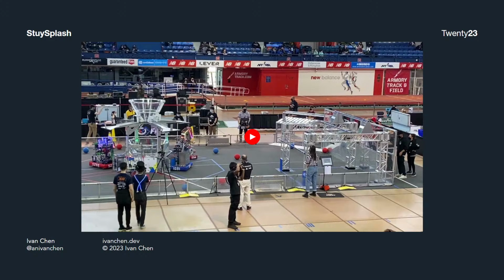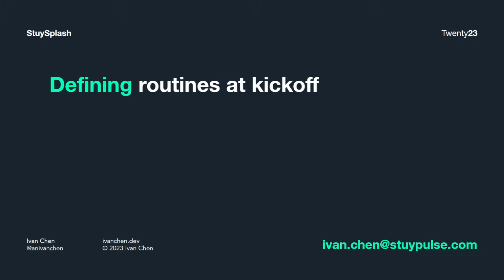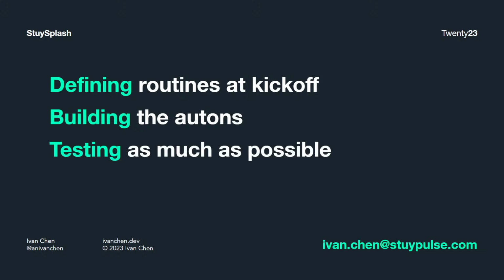But yeah, analyzing videos, and it was just fun having interactions with the people in the pit, and talking about the robot and how we can improve it. So we talked about defining the routines that we want at kickoff, then spending that time building the autons, implementing them in robot code, and then testing them as much as possible so that you work out all the kinks, that it actually works, at least in your lab.